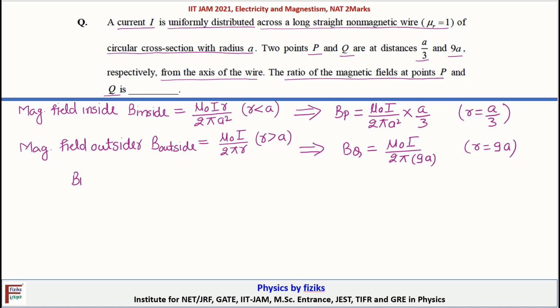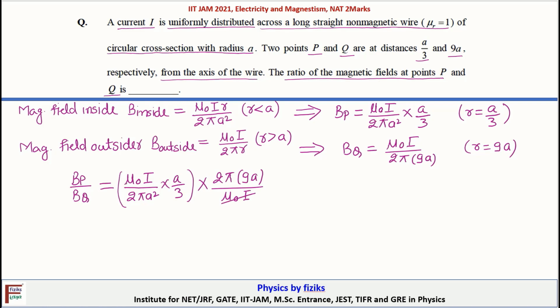So what will be the ratio BP by BQ? If we divide, that is mu naught I by 2 pi a square times a by 3, divided by mu naught I by 2 pi 9a.